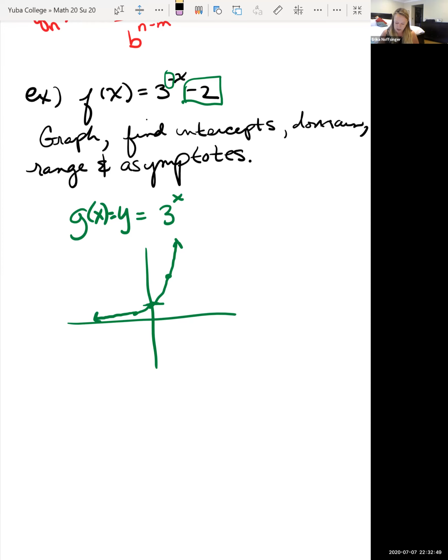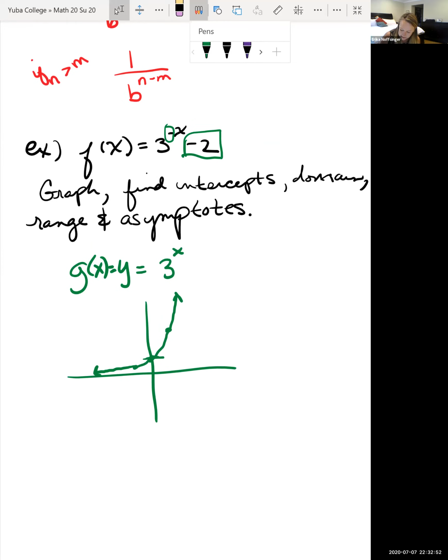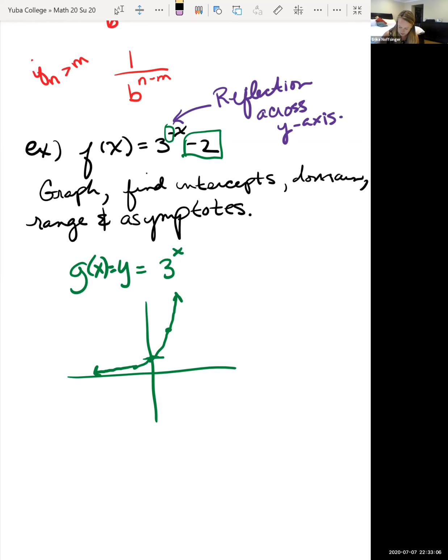And so this negative in front of the x tells me there's a reflection across the y-axis. So if I did that, that would look like this. And so this piece right here is y equals 3 to the negative x. Or maybe I should just write it as g of negative x.